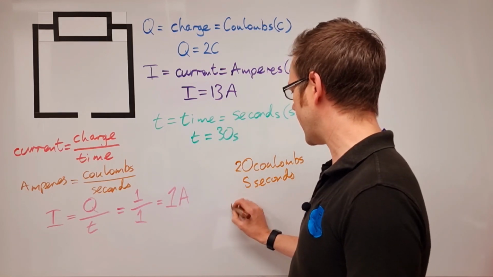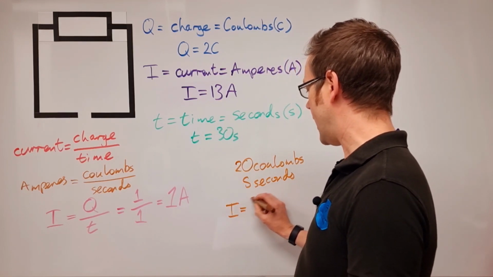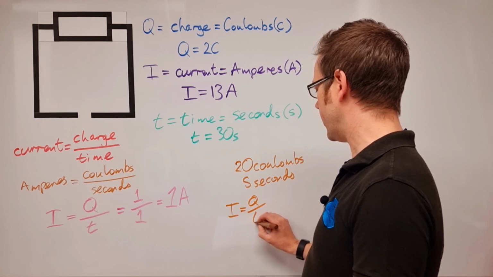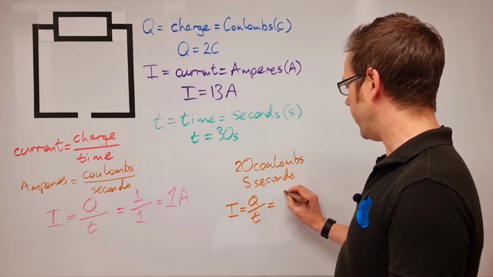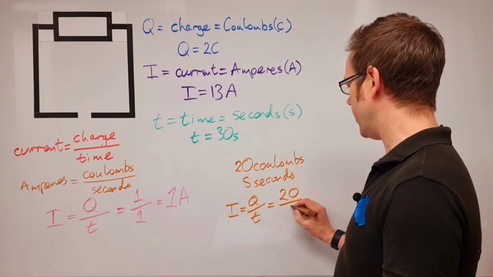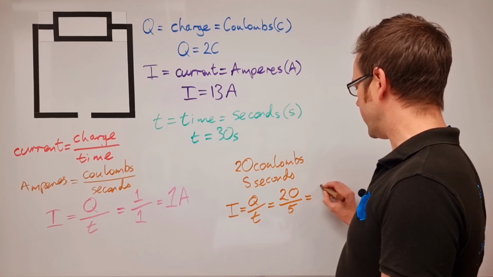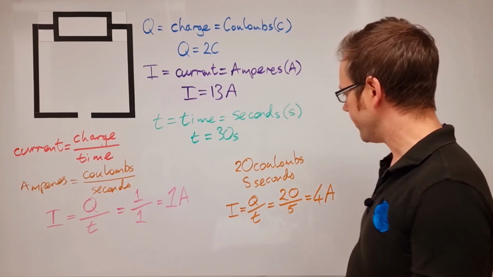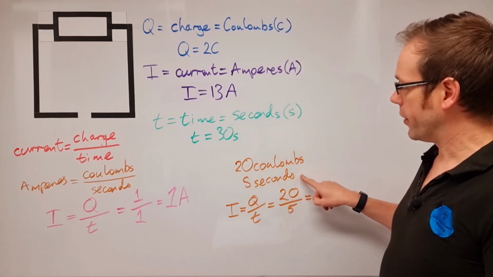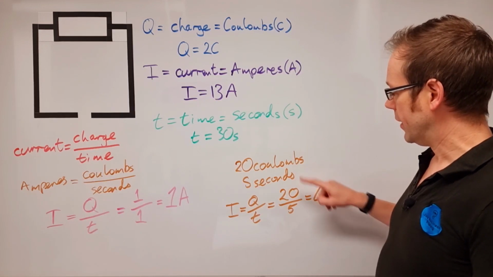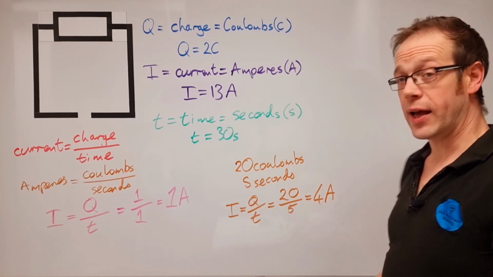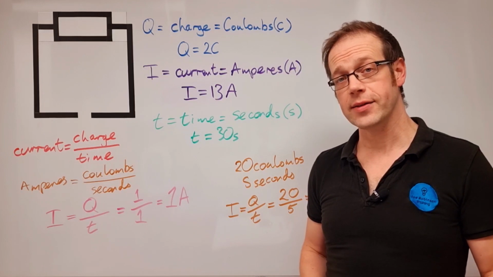We can put this into our calculation to figure out how much current that represents. I is equal to Q over T. So 20 coulombs divided by 5 seconds gives us 4 amperes. If 20 coulombs are flowing around our circuit every 5 seconds, then we have 4 amperes flowing through that circuit.